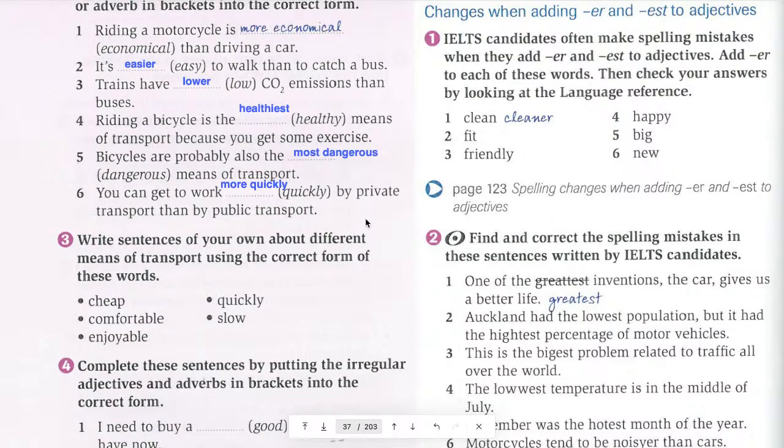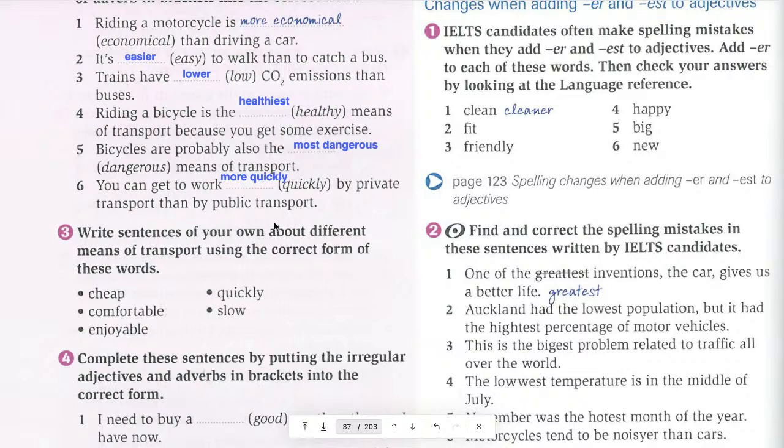Di Tăng: Work is slower than... Okay. Kiệt: He works more quickly than her.